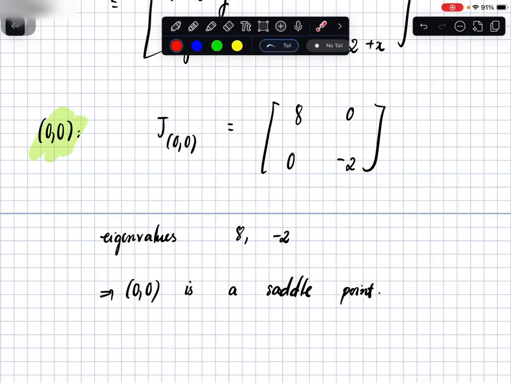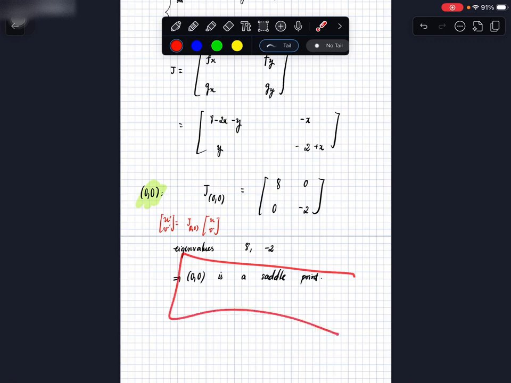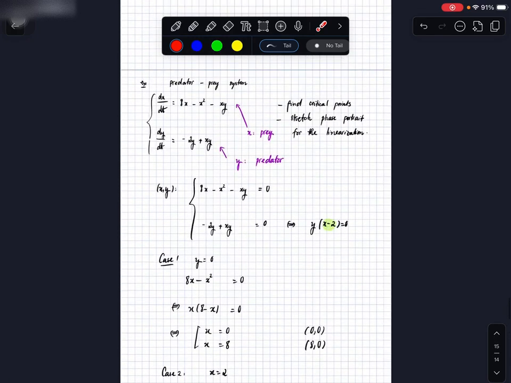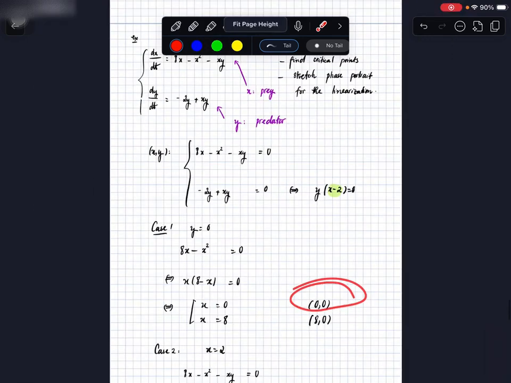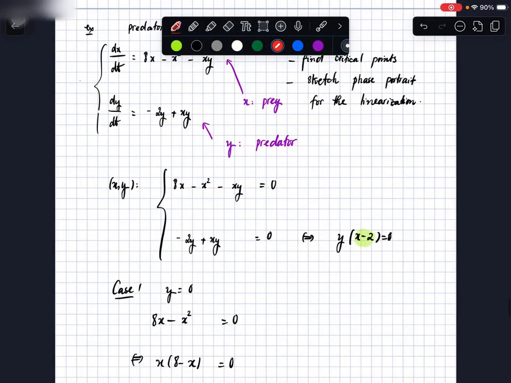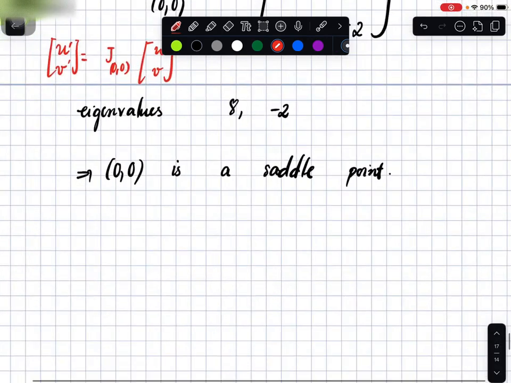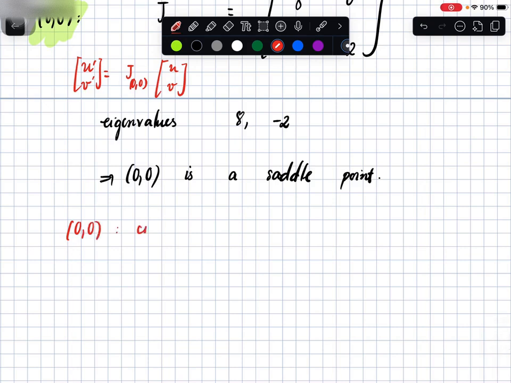So (0, 0) is a critical point of the linearized system u' v' equal to the Jacobian at (0, 0), and u and v here are actually equal to x and y. This critical point of the linearized system is a saddle point, which also tells us that the (0, 0) critical point of the original system is a saddle point.